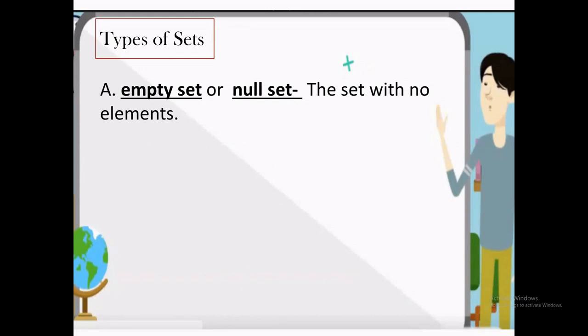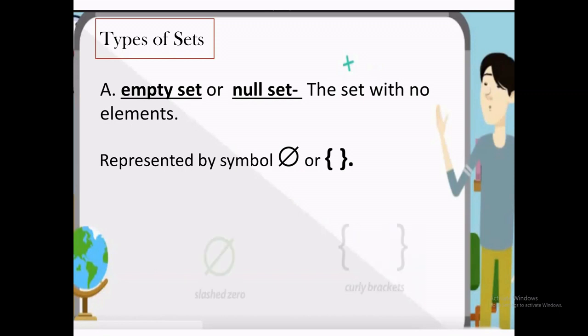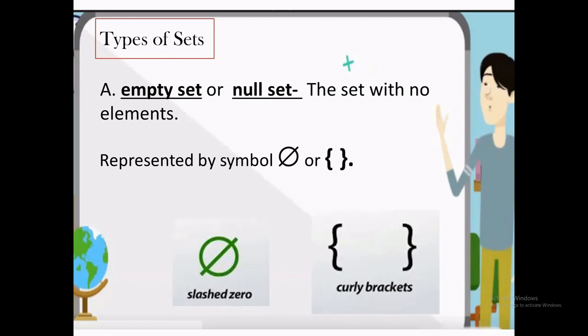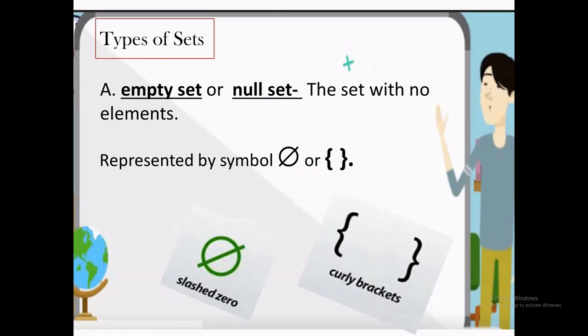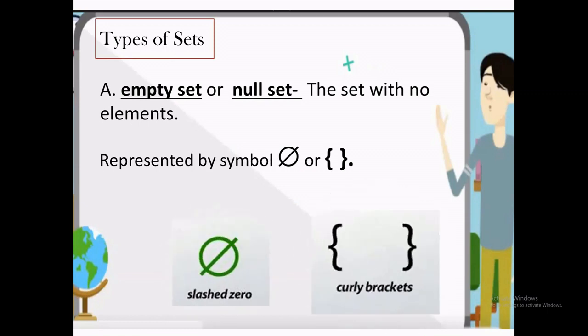From the words empty and null, these are sets with no elements. It is represented by a symbol like a slashed zero or empty curly brackets. This symbol means empty set or null set.